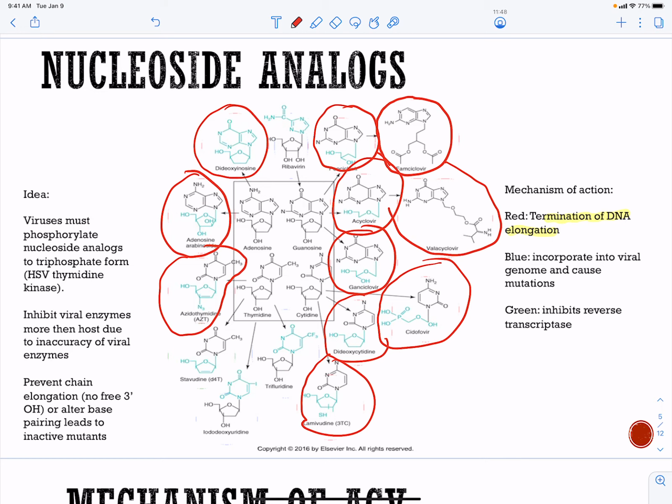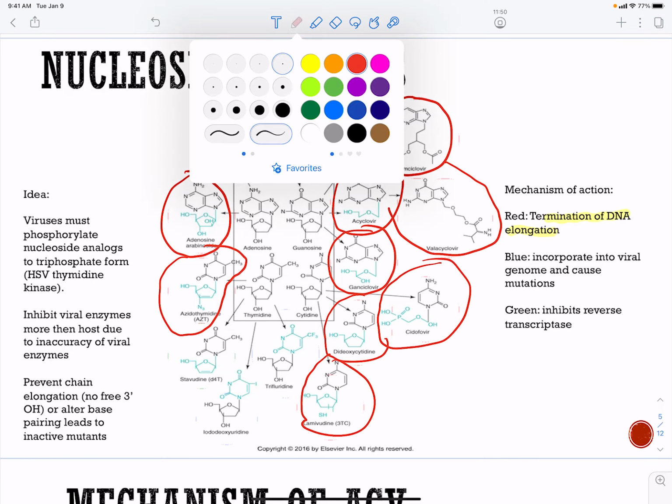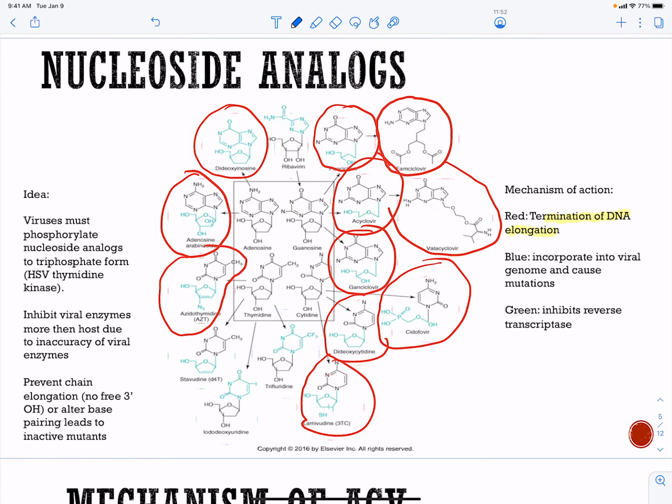Now there are some that are going to cause mutations through sort of wiggling their way into the genome of the virus. There's a few of them that do that. This little bit here. And then there are others that are going to be specific for HIV through reverse transcriptase.